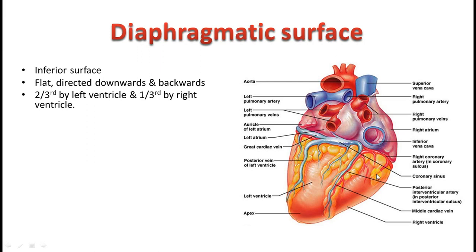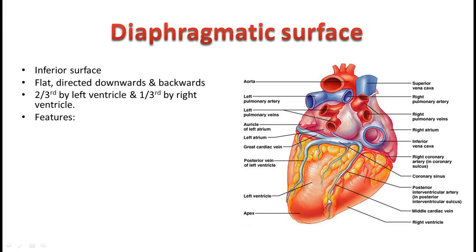The features on the diaphragmatic surface: you see the posterior part of the interventricular groove. This is called the posterior interventricular groove, which lodges the posterior interventricular artery and the middle cardiac vein.